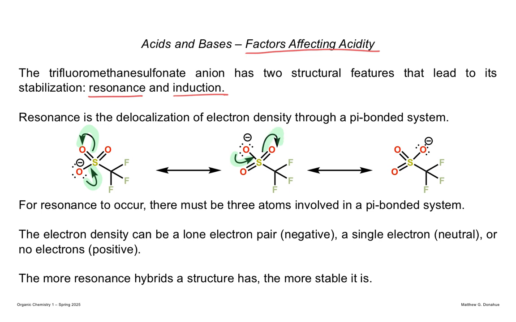And here, this arrow highlighted in blue, that double-headed horizontal arrow, is called a resonance arrow. Resonance means the movement of electrons. So you're moving that negative charge around, and what does that end up doing?